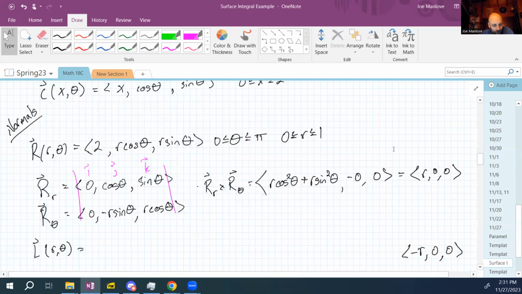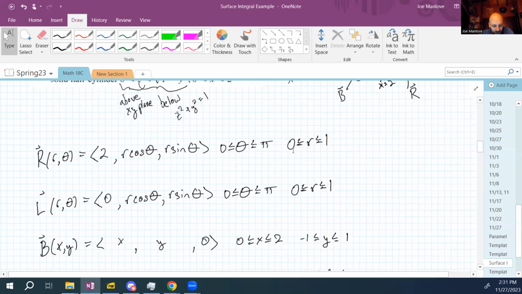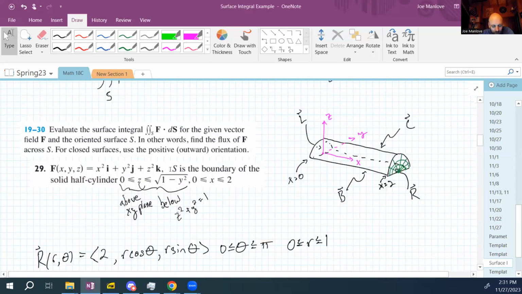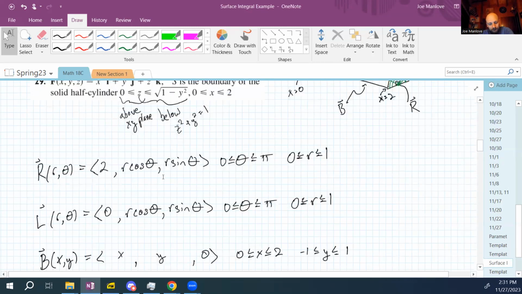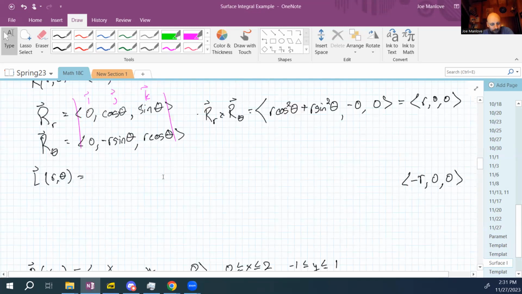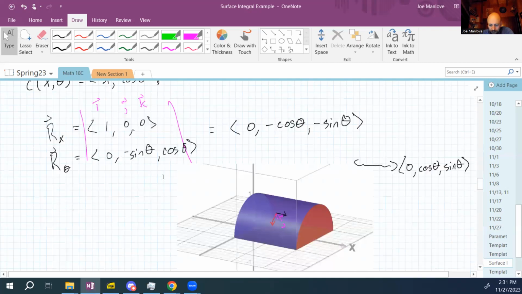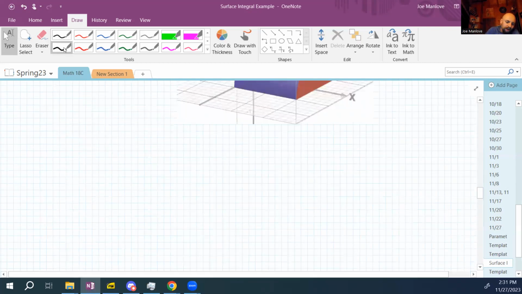So the function I have to integrate is x squared, y squared, z squared. These are going to be a little tough, mostly just because I can't see what I wrote before. Let's do right first. So I'm going to be double integrating x squared, y squared, z squared.